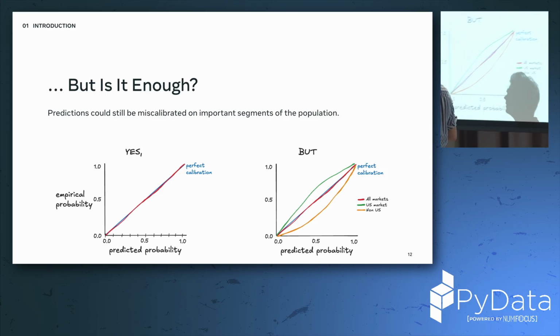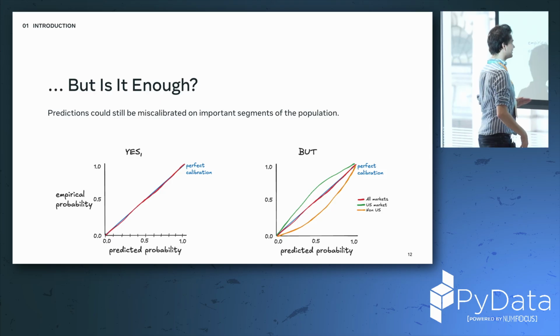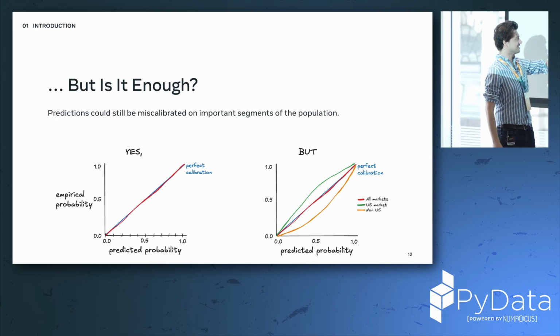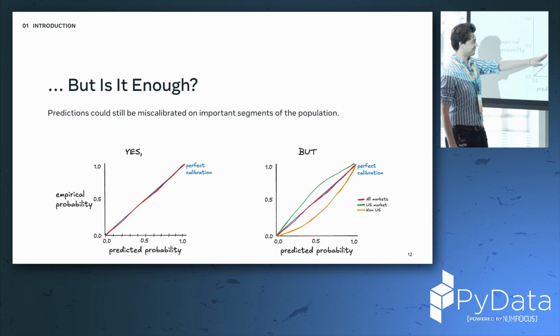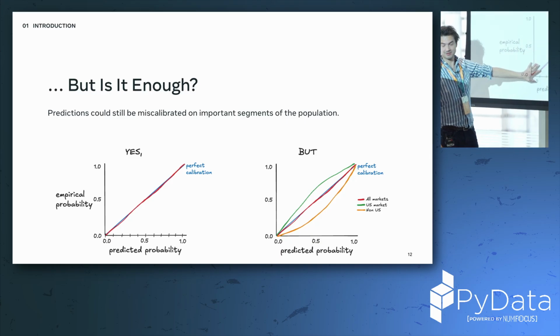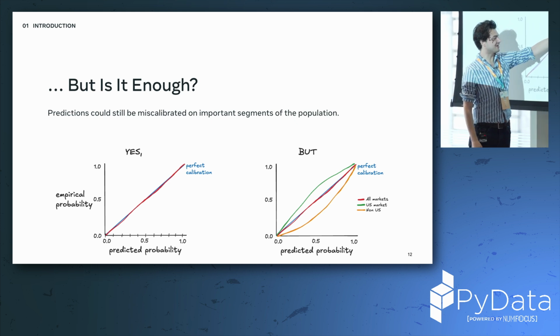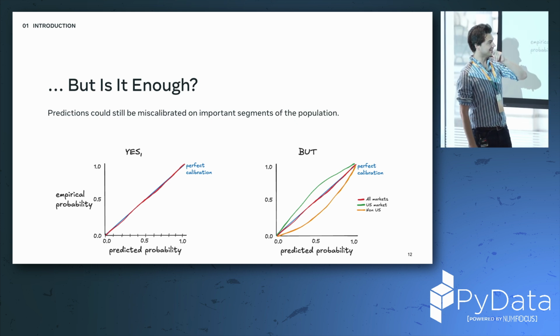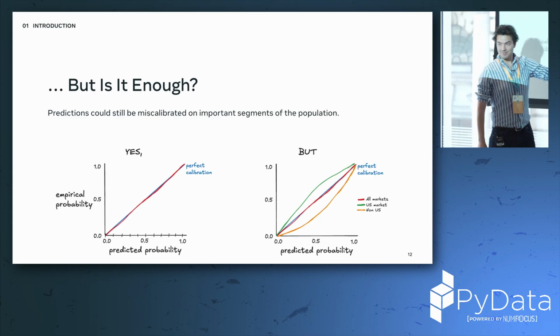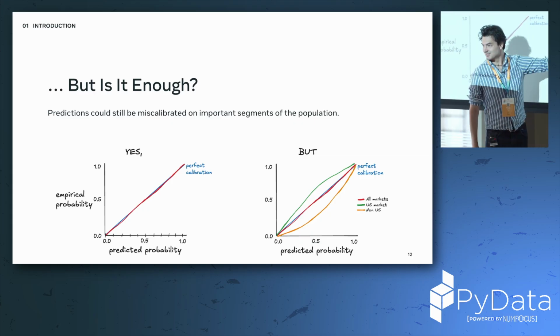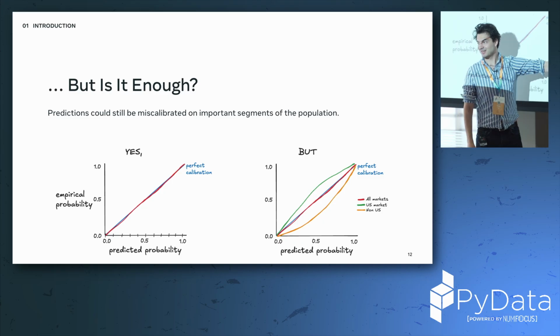It can still be the case that if you look at all your predictions and generate this calibration curve, it nicely looks like this, so it looks like you're calibrated. But if you look into subgroups, you may still be miscalibrated in particular subgroups.